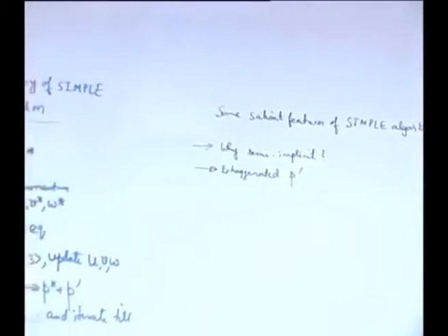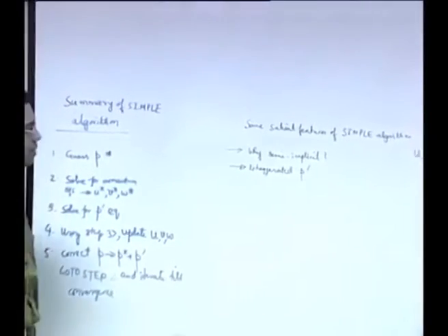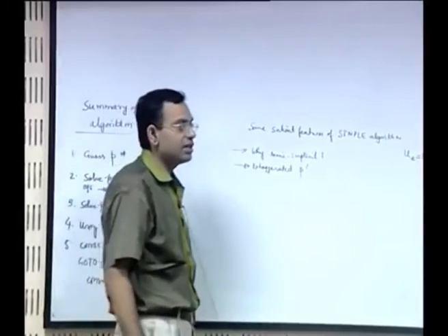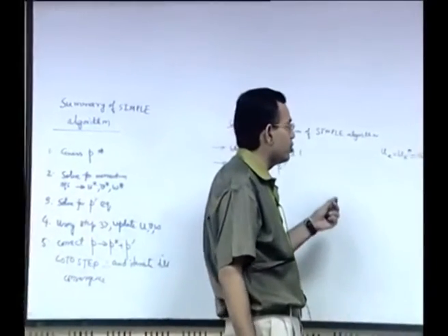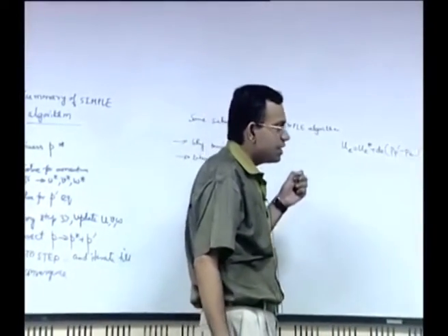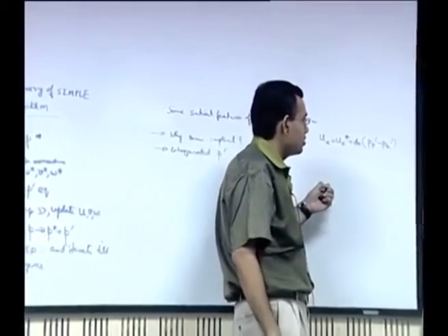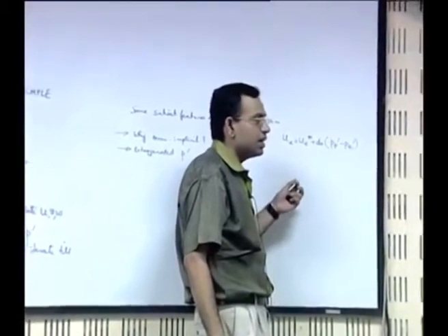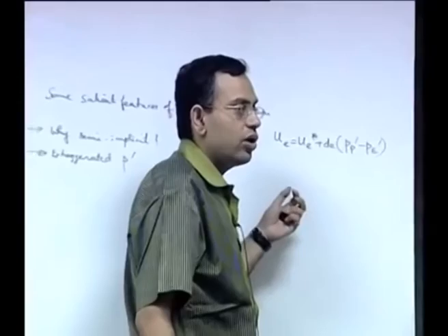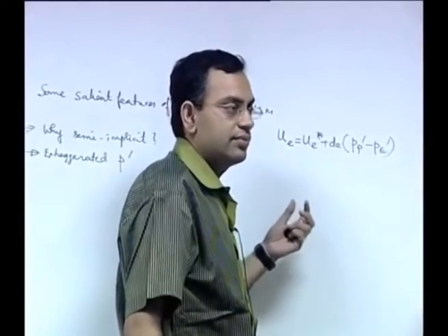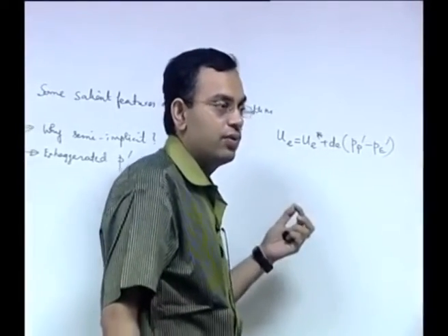Then the third important point to note is that pressure correction at a point or velocity correction at a point could also be a function of density if it were a compressible flow.